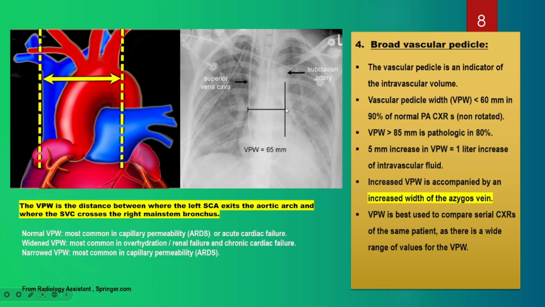And the left side margin is the origin of the left subclavian artery. This is the left margin of the origin of the left subclavian artery. This is the right side margin of the SVC where it crosses the right main bronchus, and this is the width of the vascular pedicle.